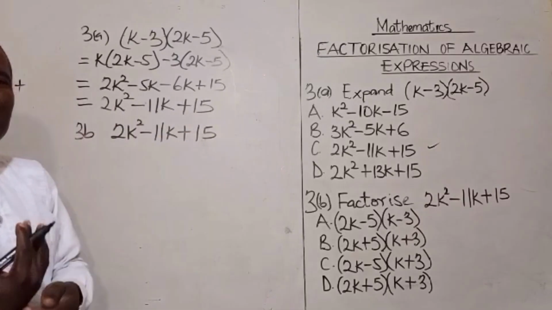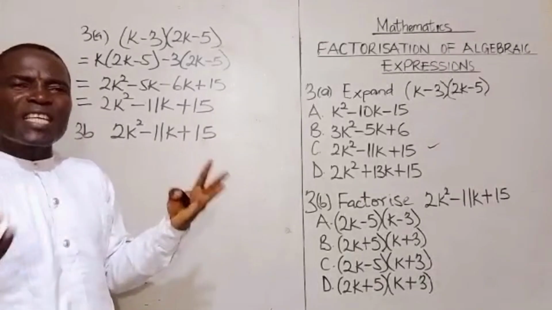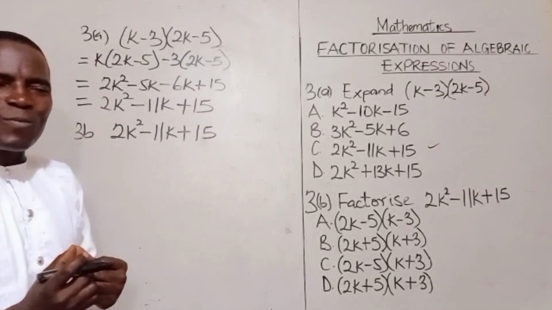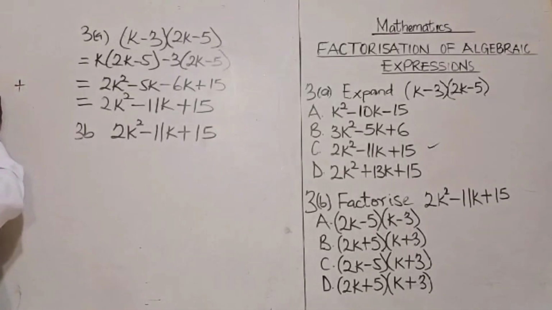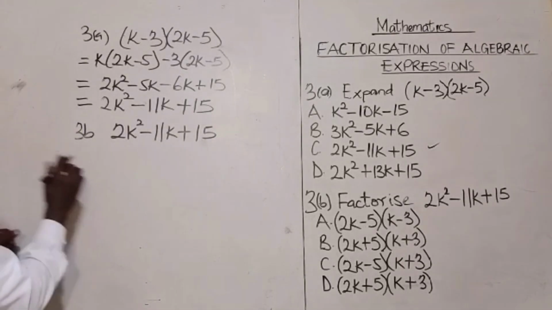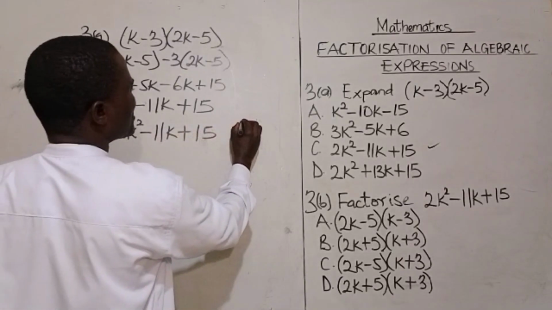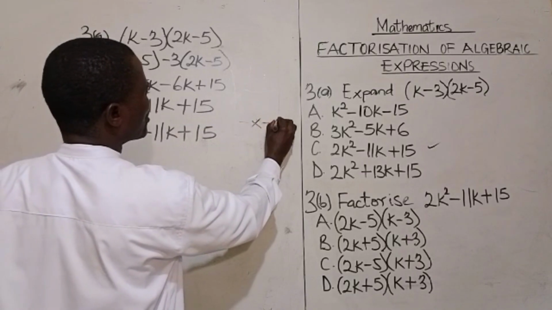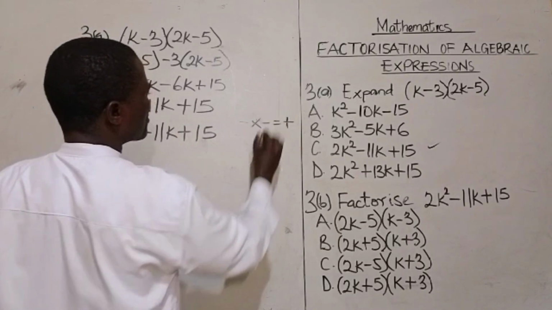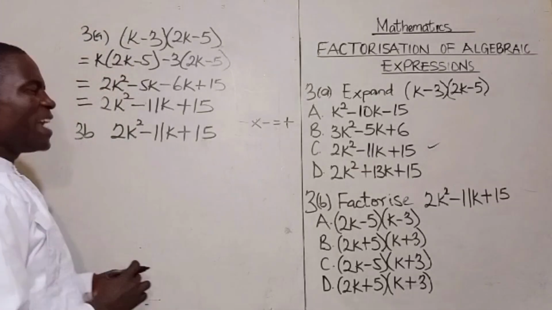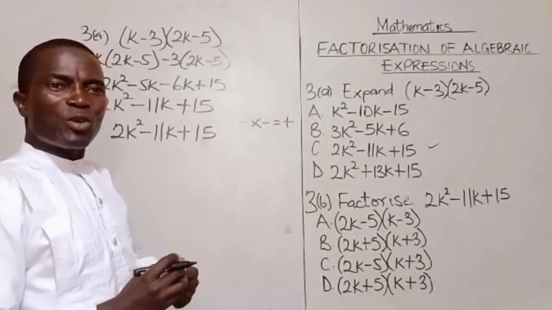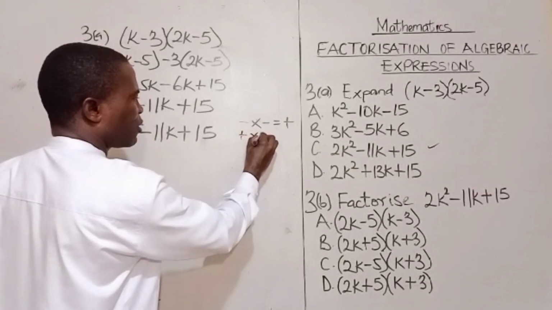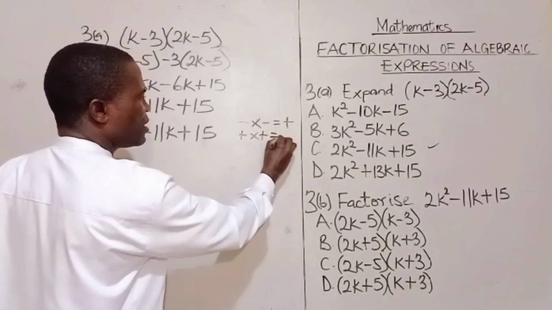Then we ask ourselves, what are the two signs I will multiply that will give me plus? Definitely minus times minus will give me plus. Is there any other thing that I'm going to multiply together that will give me plus? Then it will be plus times plus will equally give me plus.